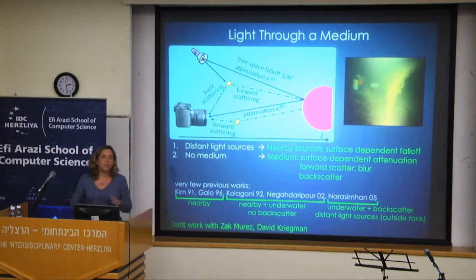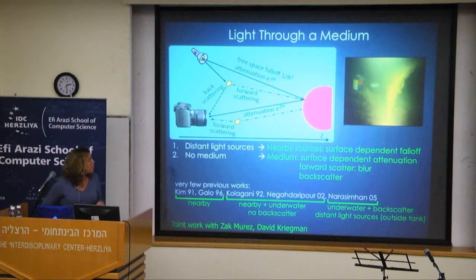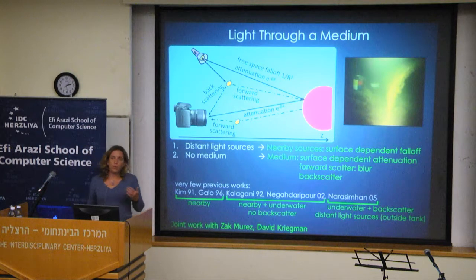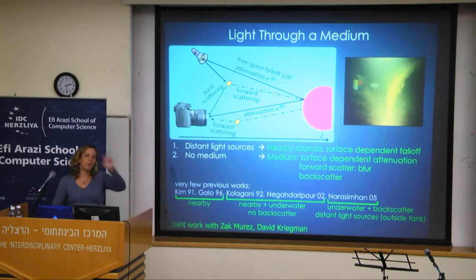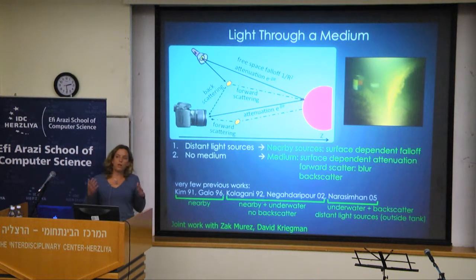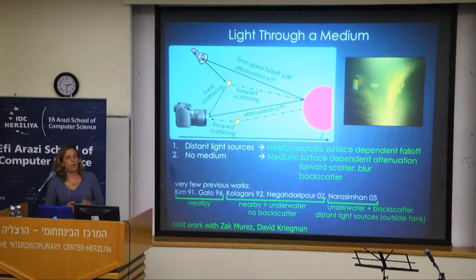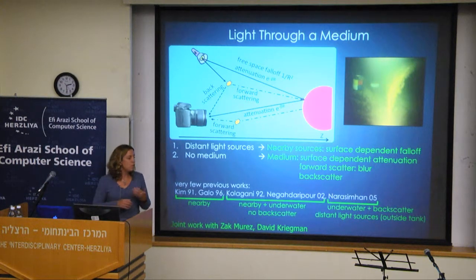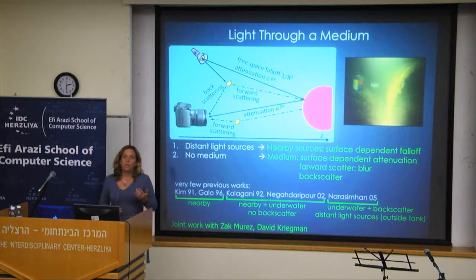The light is scattered in the forward direction, but also it's scattered back to the camera. So think about what we want to do. We want to use the changes of the intensity of light because of the different light source positions to reconstruct the normals. So we want to extract data from the change of intensities of the light, but the medium also changes the intensity of the light. So we need to take that into account. And furthermore, we want to reconstruct the shape of the object.